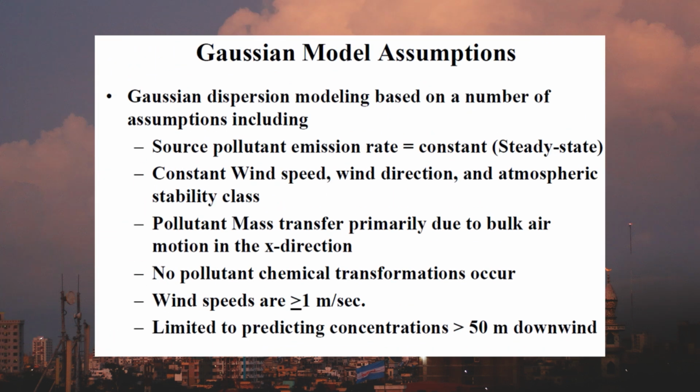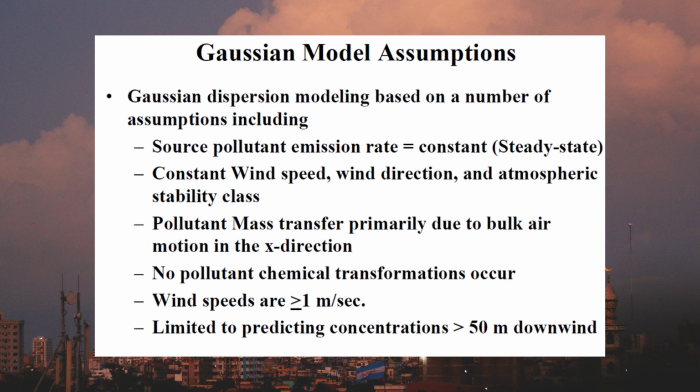But the Gaussian model does not take into account all this. It assumes that the source pollutant emission rate is constant, steady state, constant wind speed, constant wind direction, and the atmospheric stability class is also taken as either one thing, that is stability class A or B. It is not that a plume experiences all these classes.